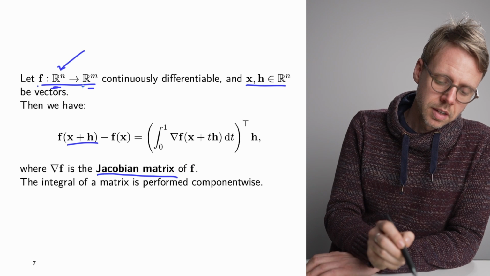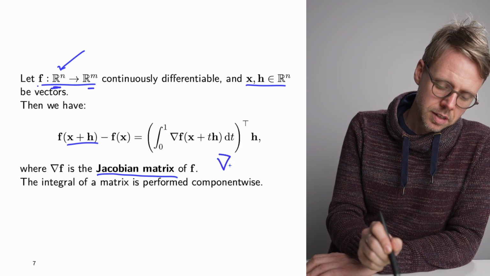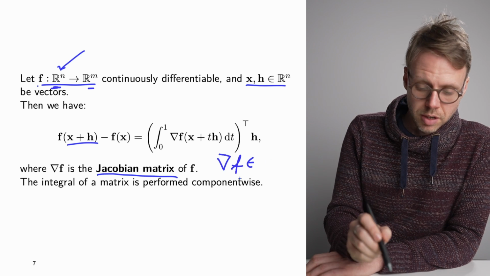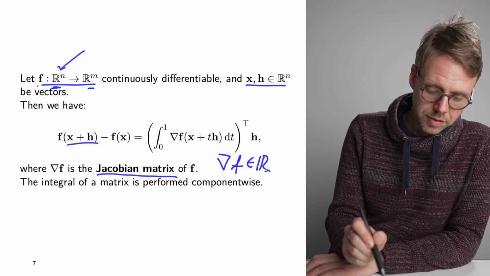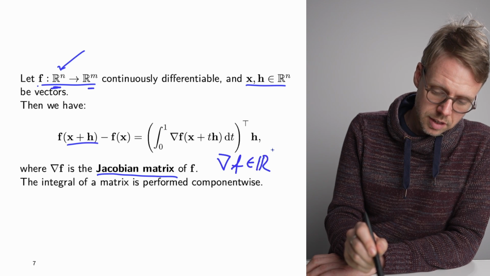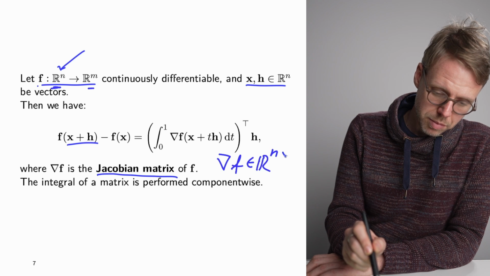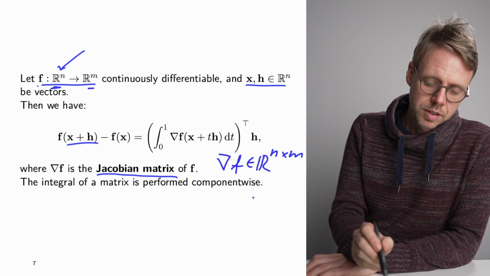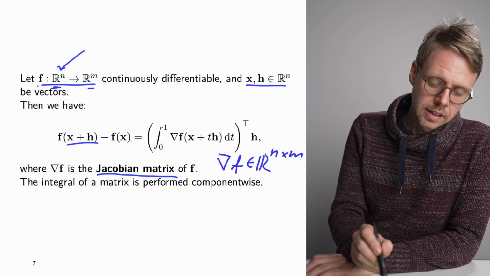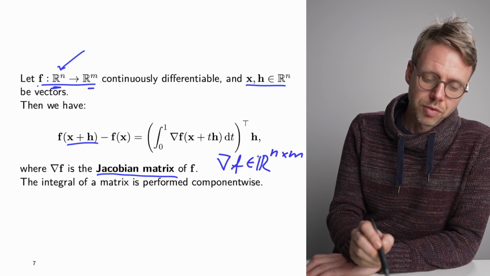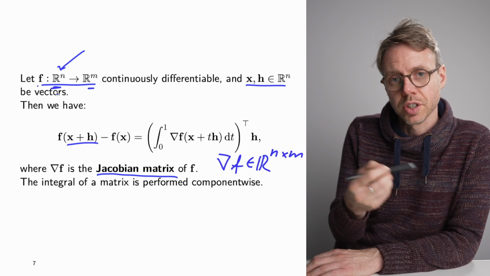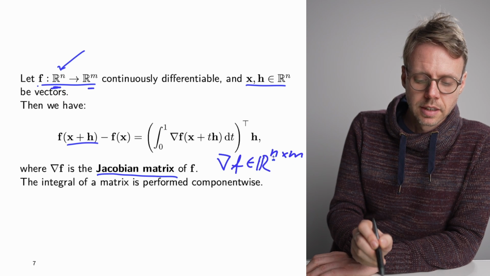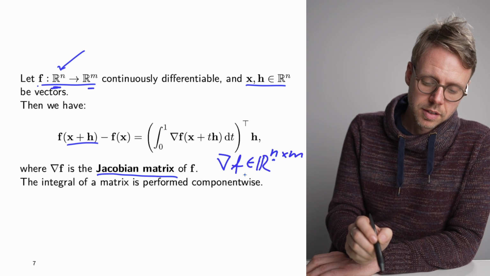So it's a matrix that is according to the column layout that we have. It's an n by m matrix that computes the partial derivatives of all the component functions of f with respect to all the input dimensions.